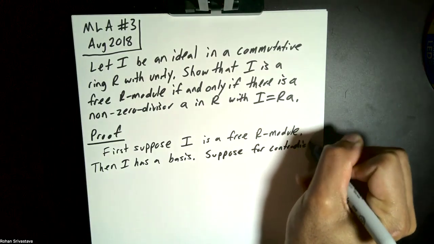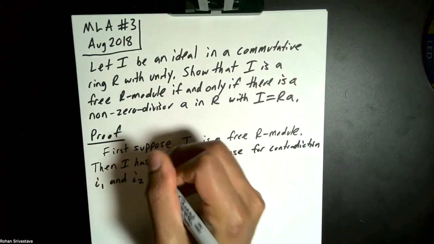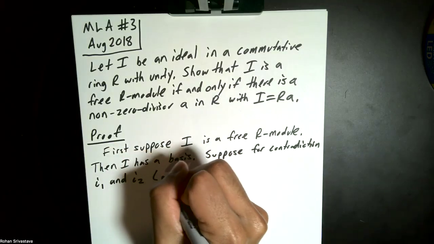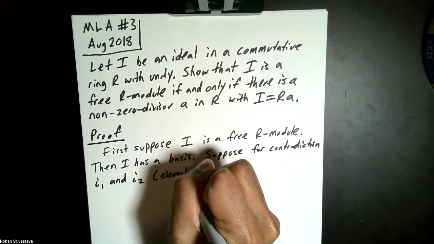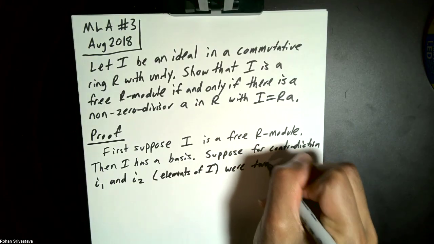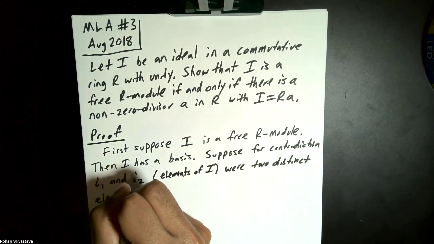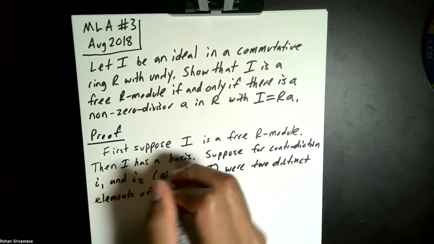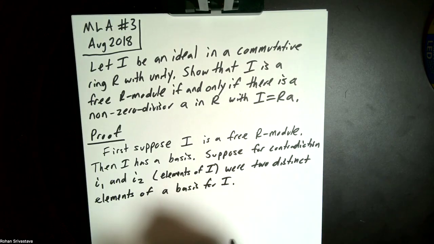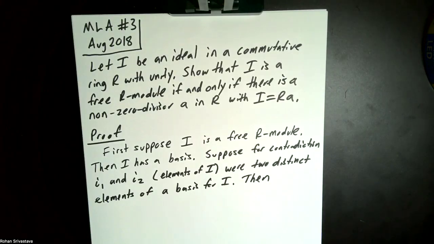So suppose, for contradiction, I1 and I2, elements of I, were two distinct elements of a basis for I. Well, then we have a relation.